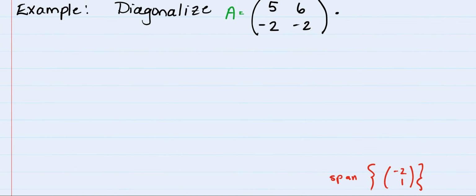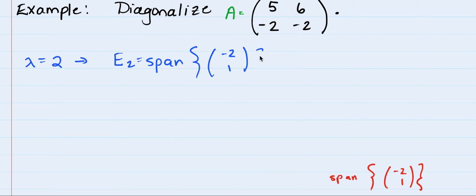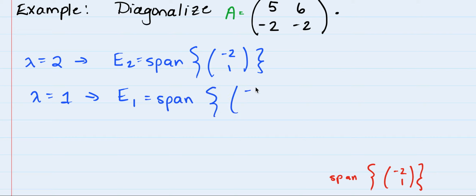Okay, so we said for lambda is equal to 2, we have the eigenspace -2, 1. And for lambda is equal to 1, we have the eigenspace -3, 2.